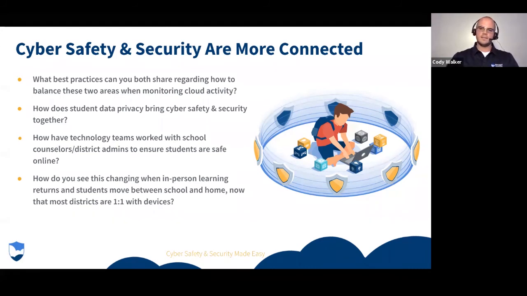Or how many bad instances there could have been had you not been able to put the policies in place, as well as being able to identify any type of configuration issues with those types of cloud collaboration platforms, such as Google Classroom.